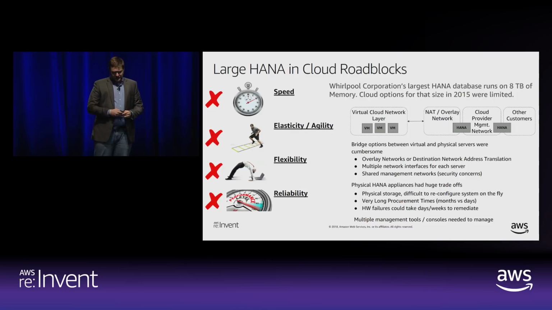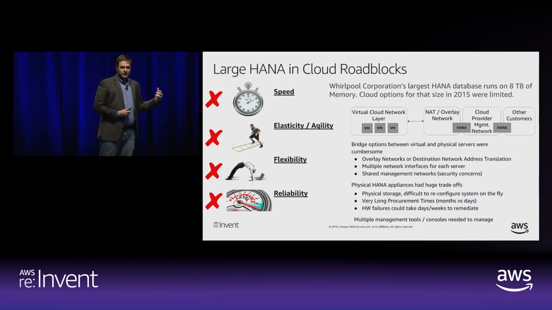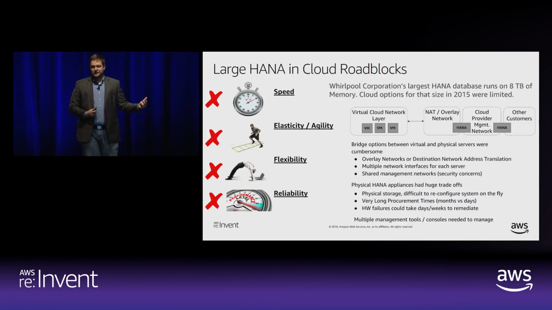So what was it about 2015 that was a problem? What you heard earlier about the co-location solution for big HANA use cases was something we ran right into. We found that the industry had a lot of complex workarounds to make bare metal HANA appliances work well with a public cloud or even a private cloud environment.